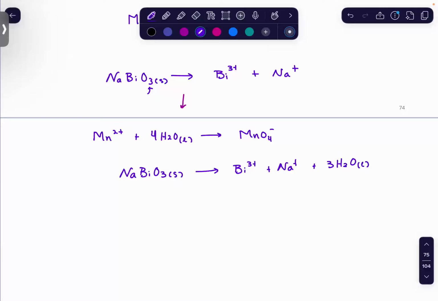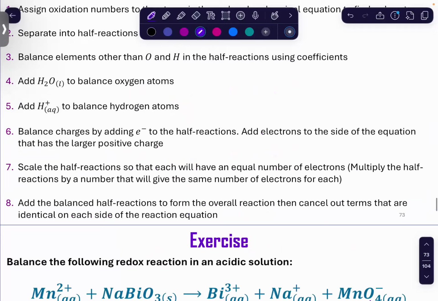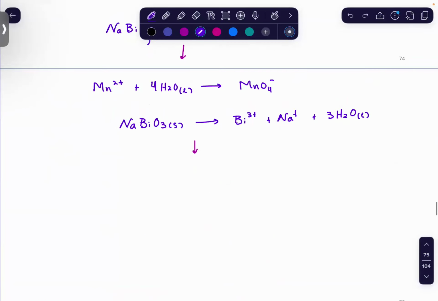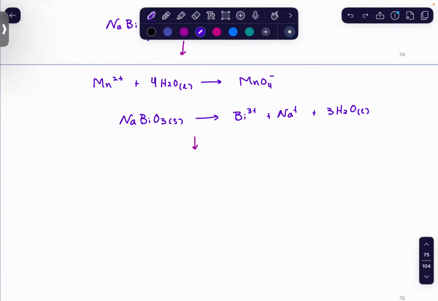Okay. Now the next step is going to be using hydrogens or protons. So look here, protons to balance all the hydrogens that I just put in. Okay, so let's look. The manganese equation has 4 waters on the left. That's going to be 8 hydrogens.